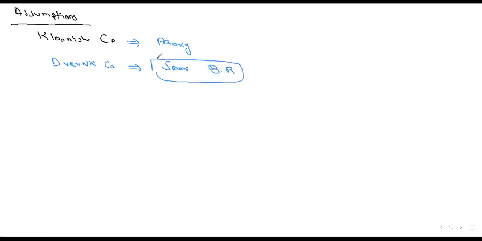But again, you have to apply skepticism. You will tell the examiner there is no guarantee that this will be the case. That is skepticism, because both may be having slightly different risks.